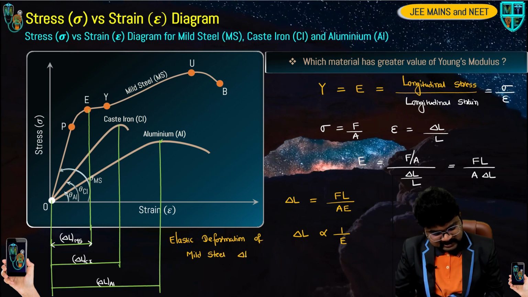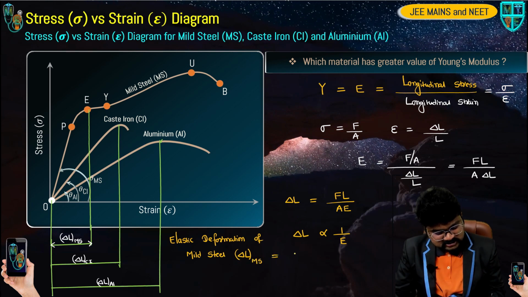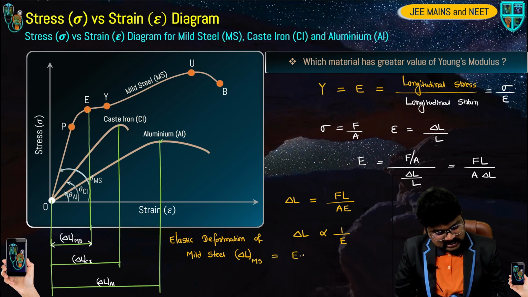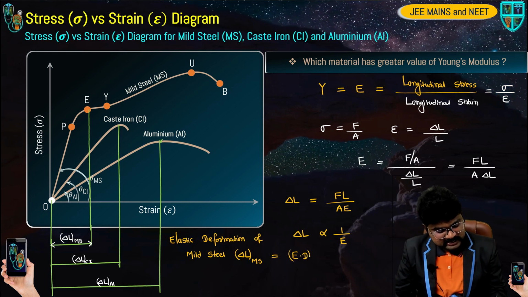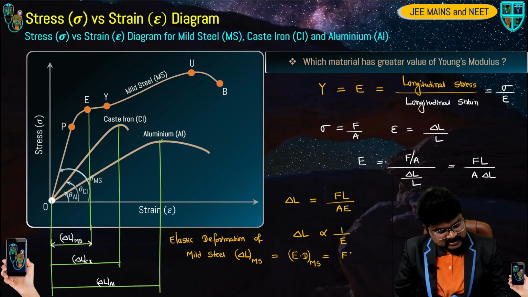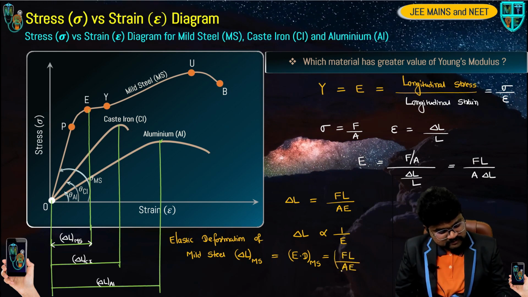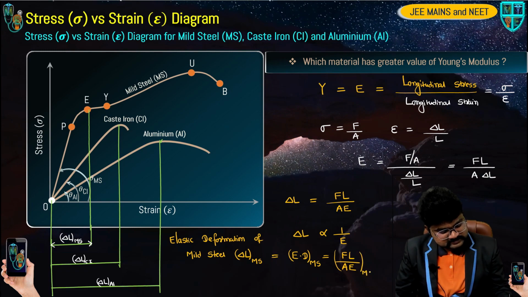Elastic deformation of mild steel. This would be delta L mild steel. I can say that elastic deformation of mild steel equals F L by A E for mild steel. Understood?